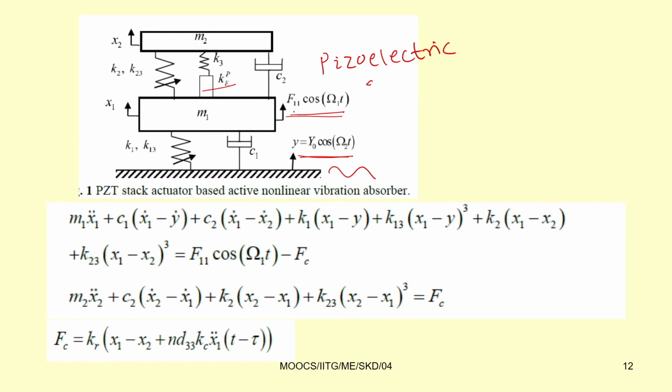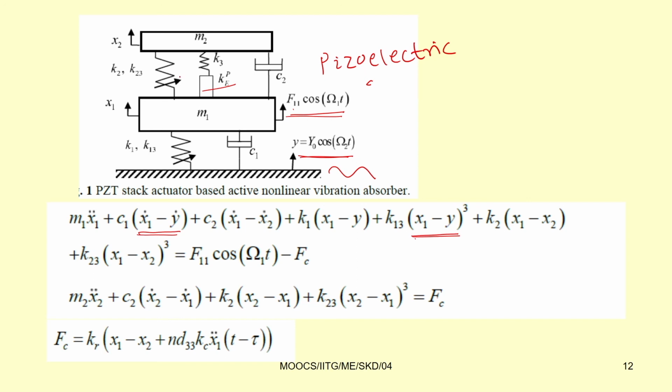So, this is moving x and this is y, so there will be a relative displacement between these two. That is why it is x1 dot minus y dot, plus c2. Here the damper is between mass 1 and mass 2, so this becomes c2 into x1 dot minus x2 dot, plus k1. This k1 is having x1 minus y, plus we have a nonlinear term here, that is k13 into x1 minus y cube, plus k2.